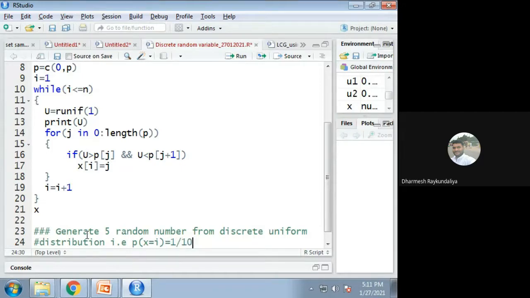Let us say n equals 10, and i takes values 1, 2, up to 10.